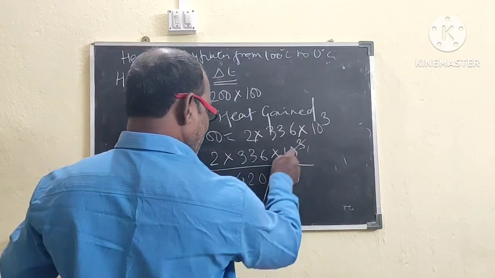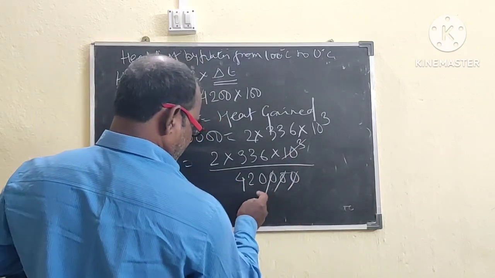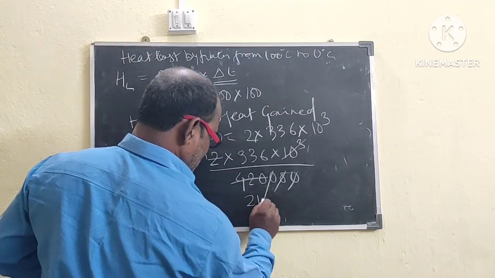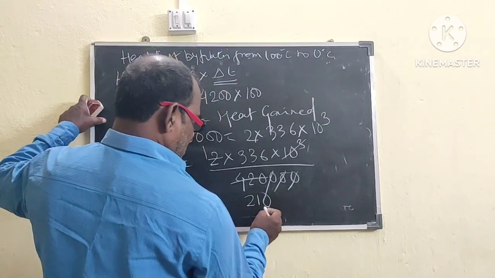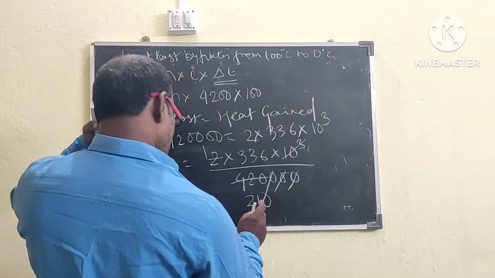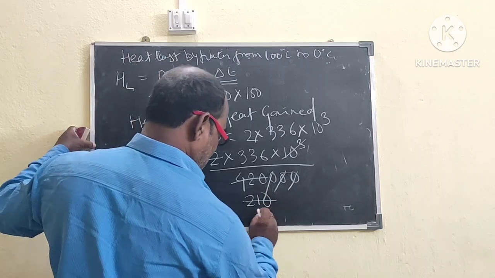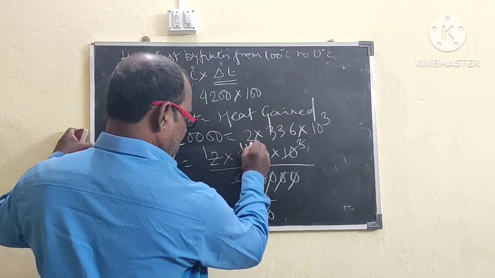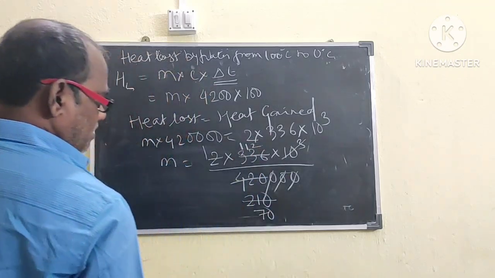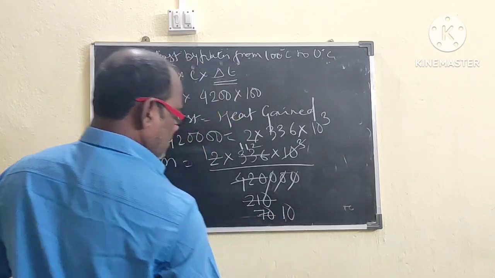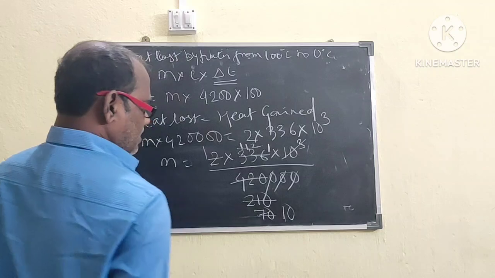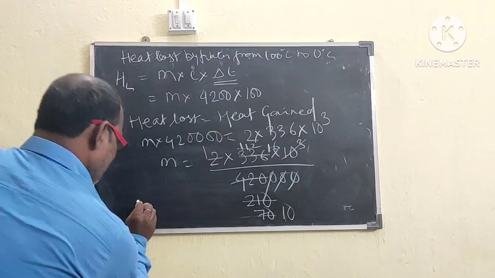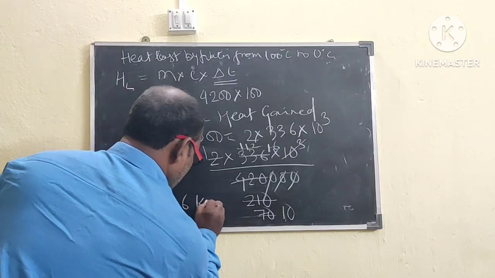So this gets cancelled, and we get 16 by 10, that is m equals 1.6 kg of water.